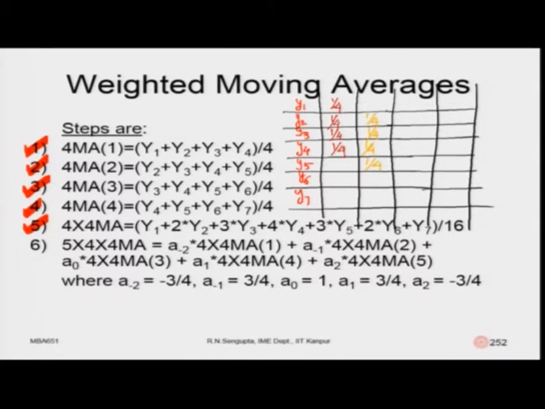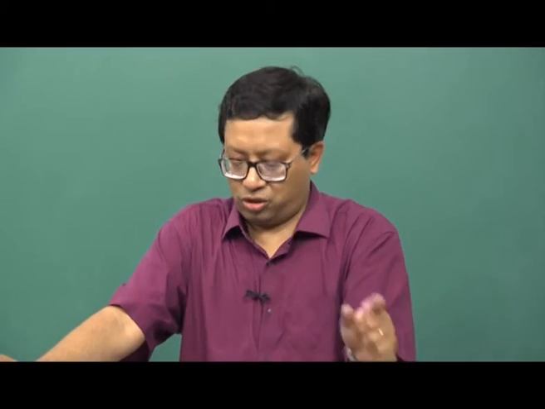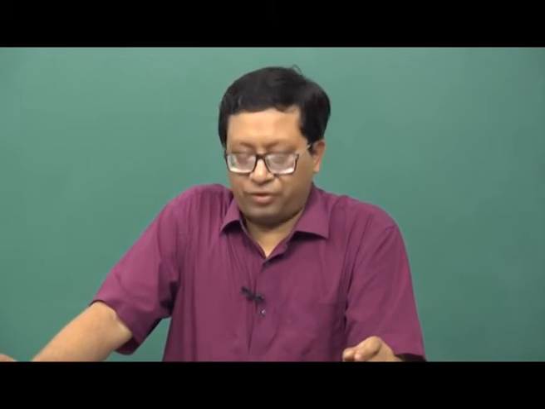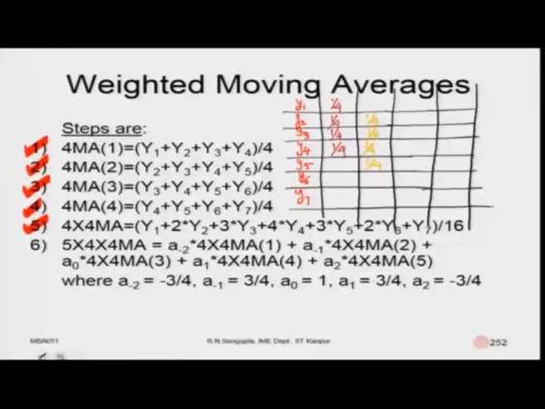So, I am just shifting by 1 notch. For 4MA3, I will basically start with 1/4 for y3, 1/4 for y4, 1/4 for y5, 1/4 for y6.